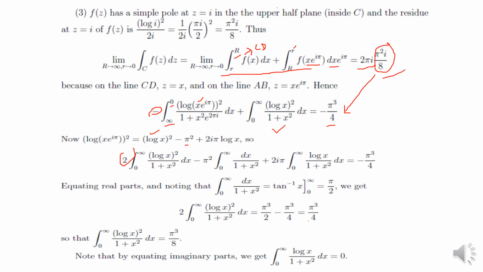Now equating real parts, and noting that the integral from 0 to infinity of dx upon 1 plus x square is tan inverse x from 0 to infinity, which is pi by 2. So here we have 2 times the integral from 0 to infinity of (log x) whole square upon 1 plus x square dx is pi square into pi by 2, which is pi cube by 2, minus pi cube upon 4, on the right-hand side.